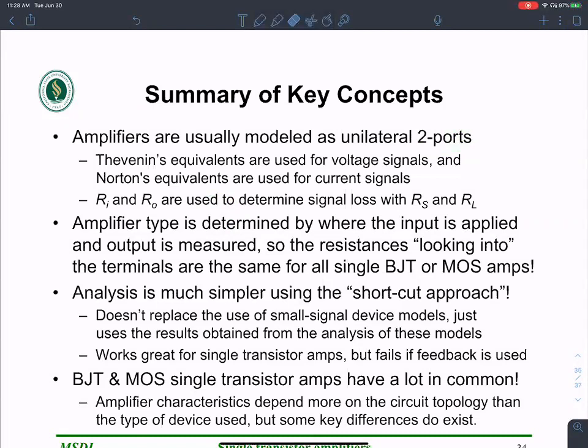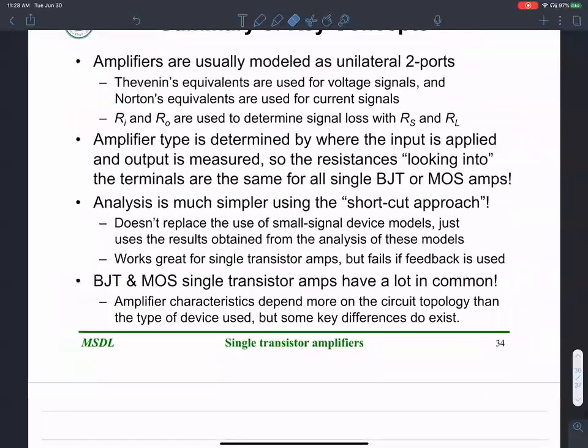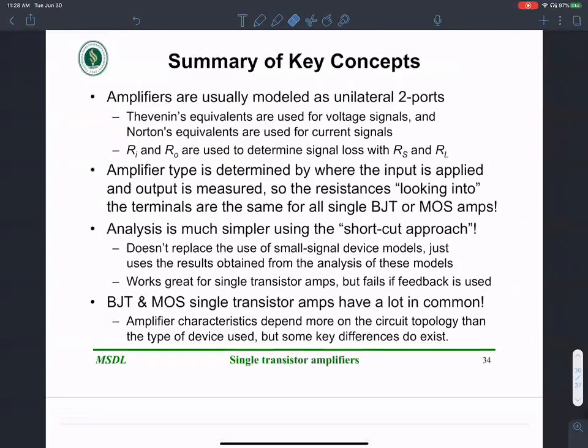So the resistance looking into the terminals are the same for BJTs and MOSFETs. We use the shortcut approach: we simply look at the resistances, multiply them by the currents to get voltage, and divide V output over V input to get the voltage gain. BJT and MOSFET single transistor amplifiers have a lot in common.